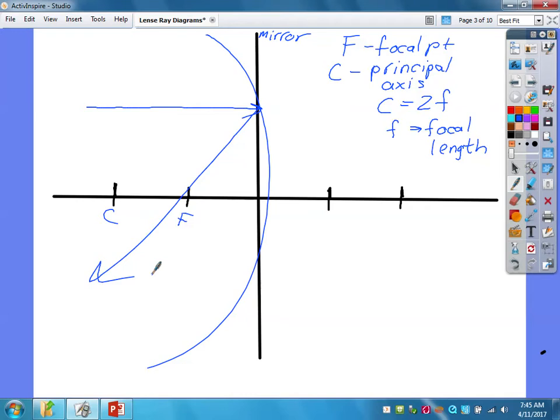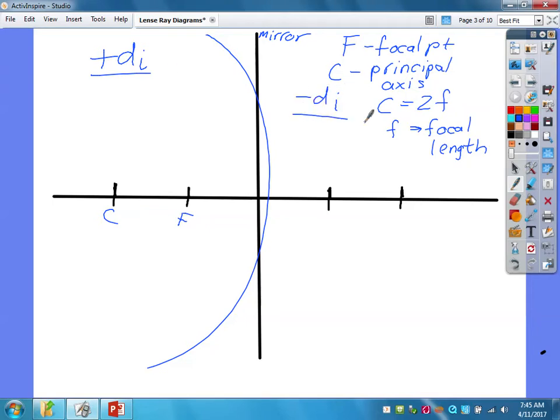So the left side, the side where the real light is, is going to be considered the positive d_i side, the positive image distance side, while the other side of the mirror is going to be the negative image distance side. Anything in front of the mirror is considered positive. Anything after the mirror is considered negative.